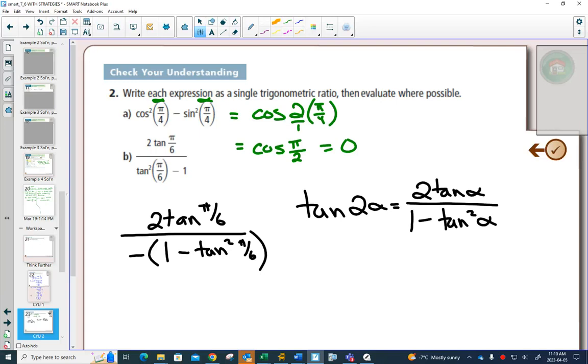But it doesn't match up perfectly yet because there's still a negative. Now thinking about negatives in fractions, this is easy to see if I just use regular numbers. Do you know that 1 over negative 3 is the same as negative 1 over 3, which is the same as negative 1/3?